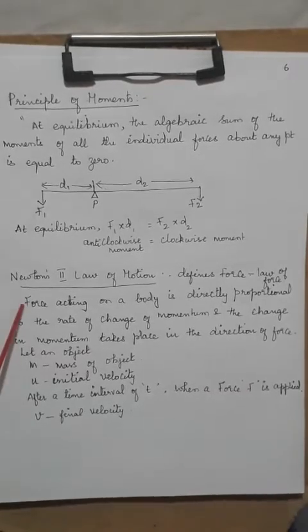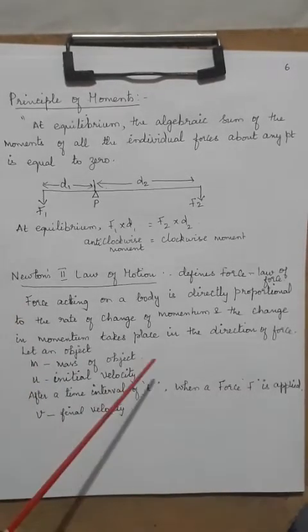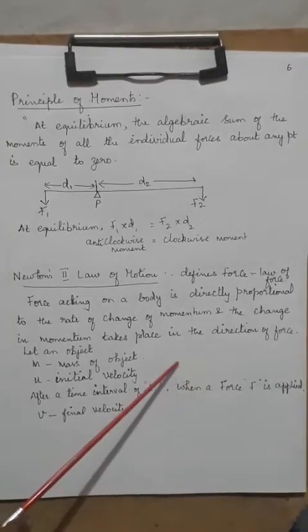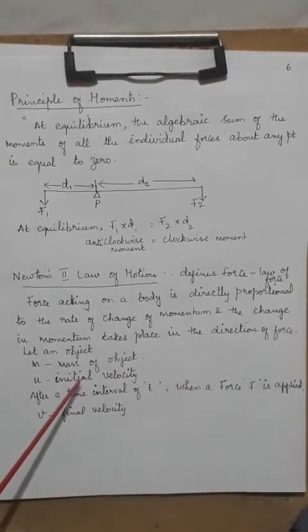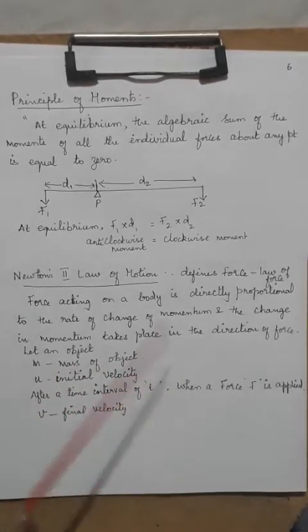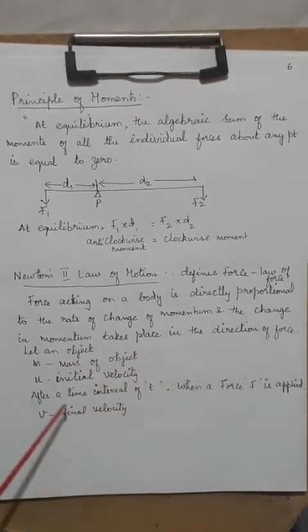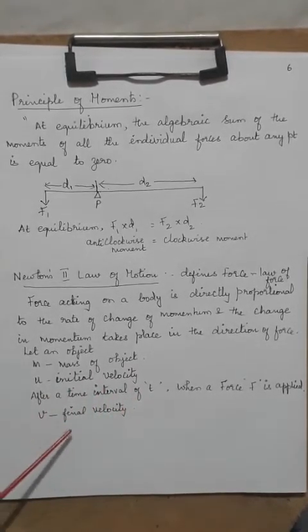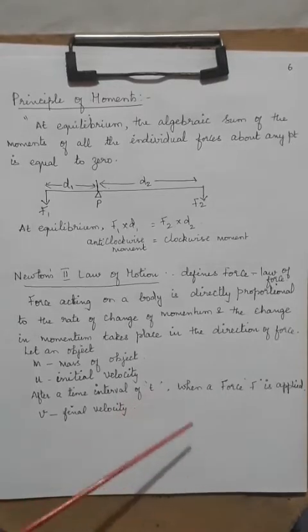So here to explain that, I am going to consider some object of mass m which is initially moving already with initial velocity u. Then when I apply a force F after a time interval t, what happens there? The velocity changes.